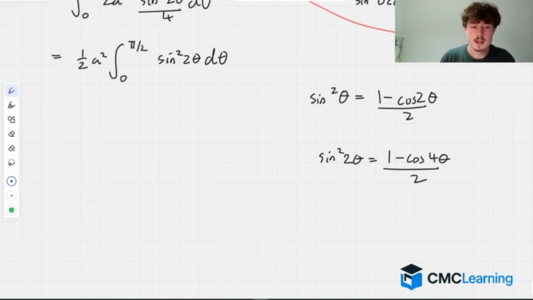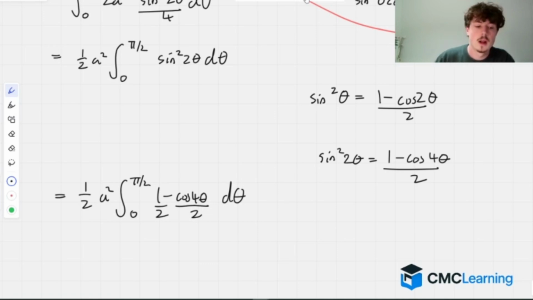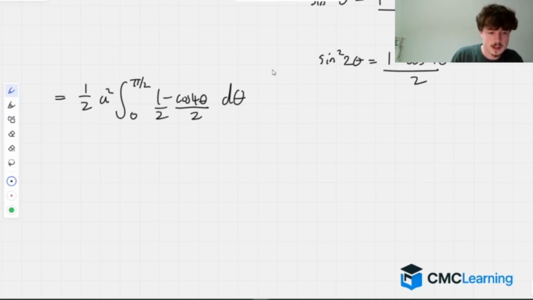Now substituting this back into the equation, we get 1/2 a squared integral from pi over 2 to 0 of 1 minus cos 4 theta over 2. I always like to just split up the fraction into 2 parts as it makes the integration a lot easier. So we can now integrate this, as I'm sure you know how to integrate cos. This gets 1/2 a squared.